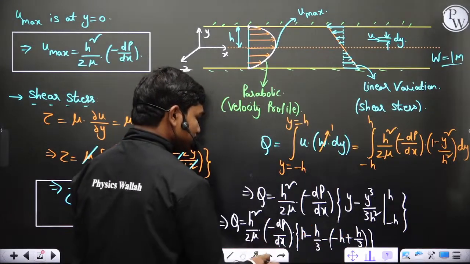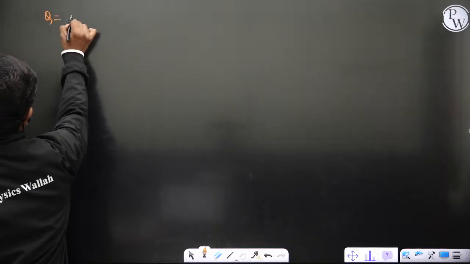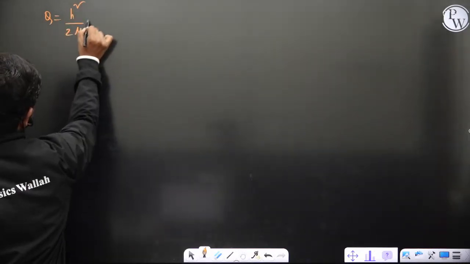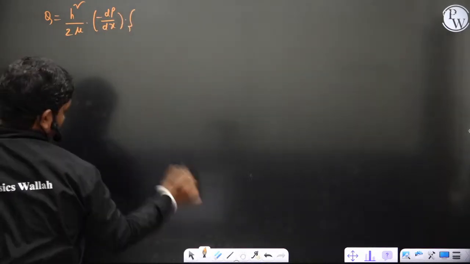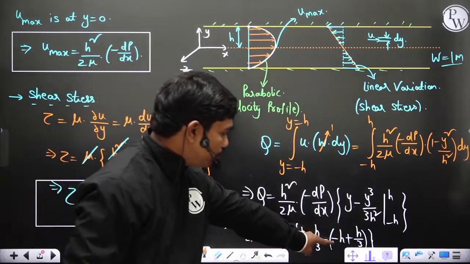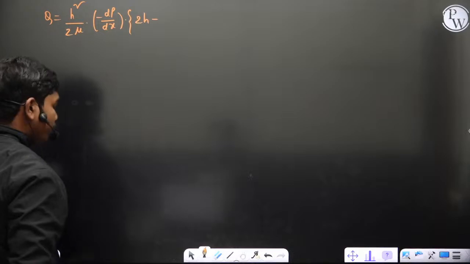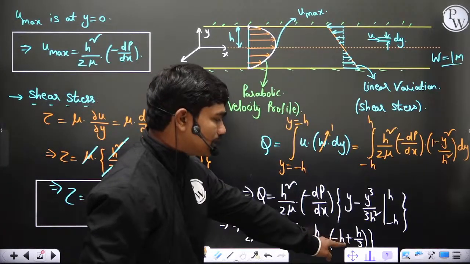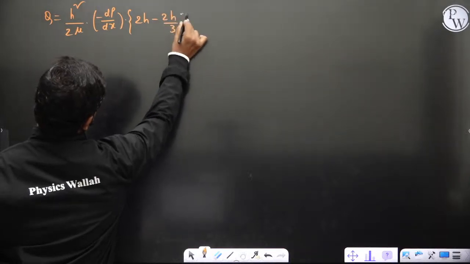If you simplify this, q is equal to h square by 2 mu into minus dp by dx into, so h minus of minus h gives 2h, and minus h by 3 minus of plus h by 3 gives minus 2h by 3. So you can cancel these.